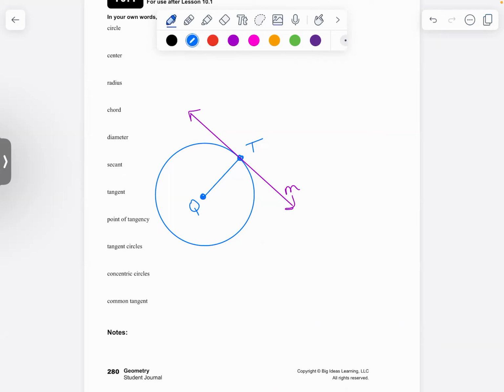So I wanted to draw a picture because I think it makes more sense. So we're going to call T the point of tangency because T is the one point that our line M goes through. T is the one point that the line and the circle share. So we call it the point of tangency.